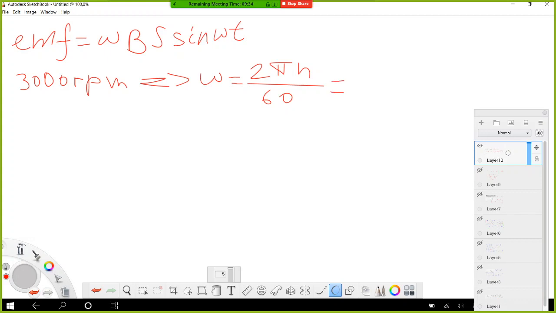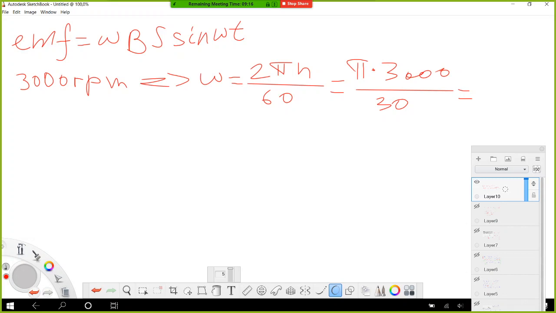So 2 pi multiplied by 3000 over 60 is equal to 100 pi, which is 314 radians per second.